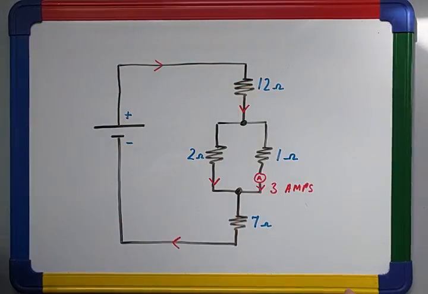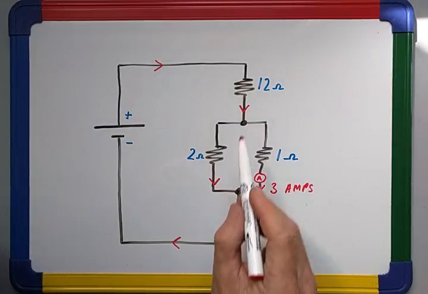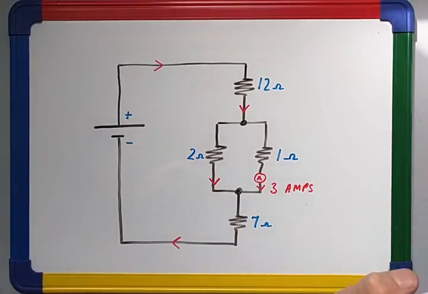We've learned enough in the lessons so far, just by thinking about the rules that we've covered, to figure out, if we know this is 3 amps, this, this, this and this. So now's a good time to pause the video, have a think about it, talk with your colleagues, see if you can work it out. Remember, you don't need to use any equations here, we're just figuring this out by thinking about the rules we've covered so far.